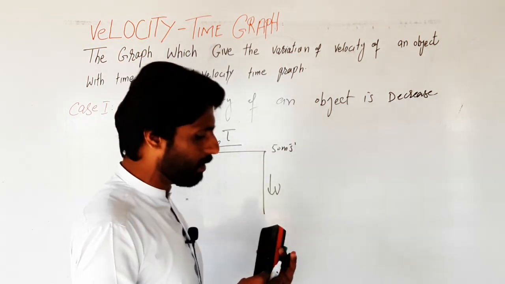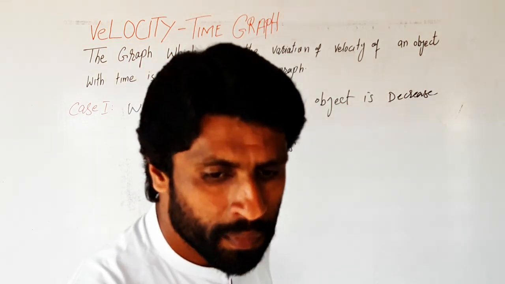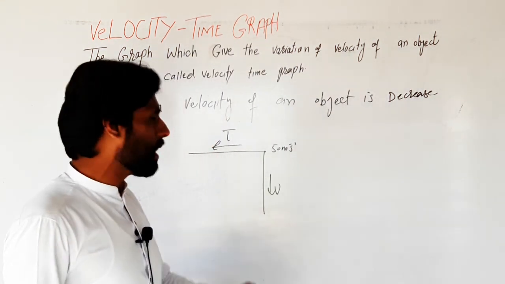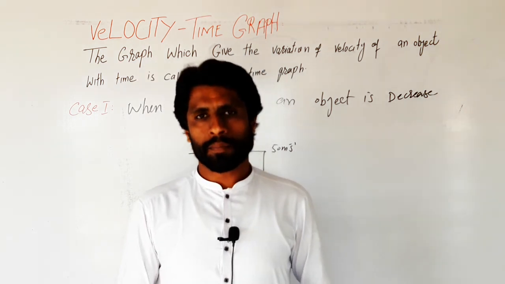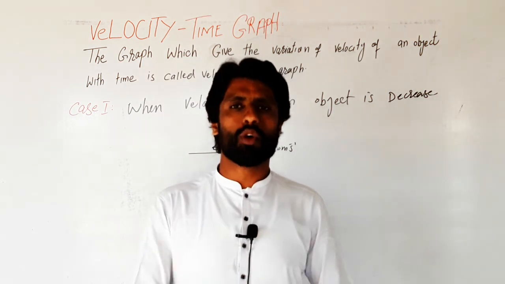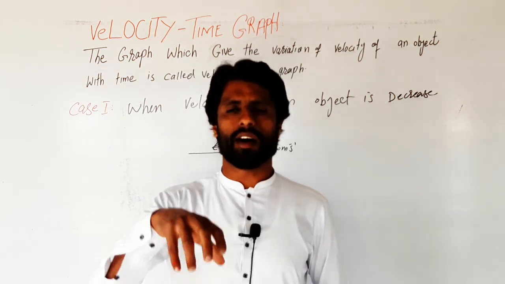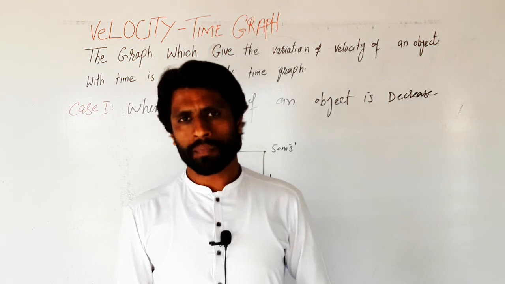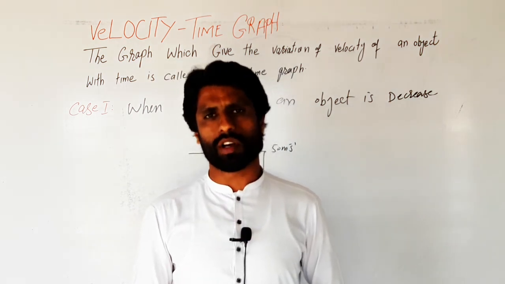At this condition, an object is moving with the highest velocity of 50 meter per second, like a car or any other vehicle moving at 50 meter per second, and then the brake is suddenly applied. At this stage the velocity of the object decreases with respect to time.